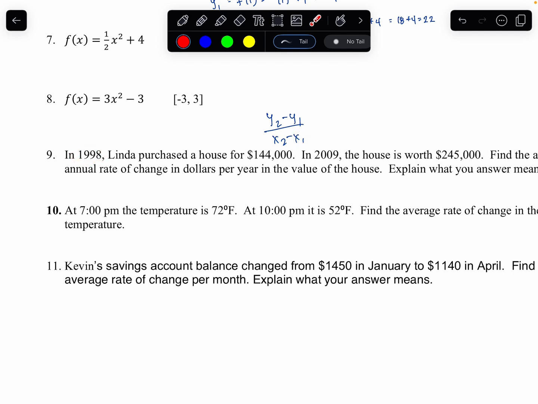And in that case right there, that's going to be your x2 and that's going to be your x1. And then y2 and y1 is going to be the price of the housing, but that has to also be done in the correct order of the years, if that makes sense.